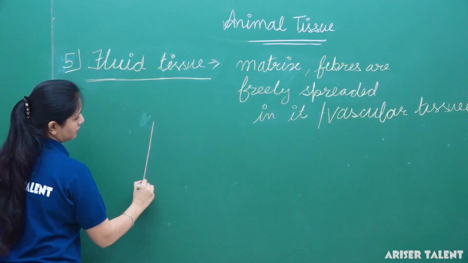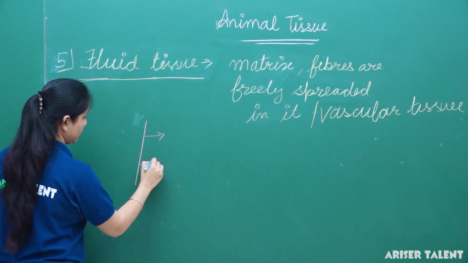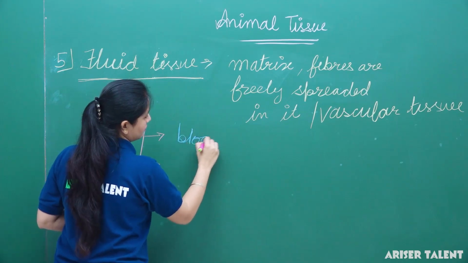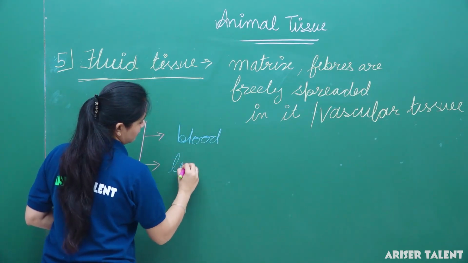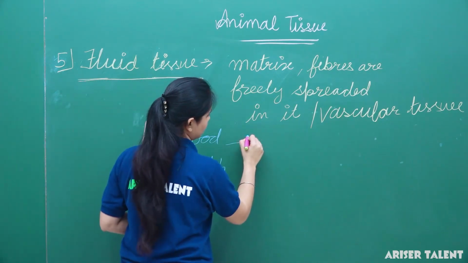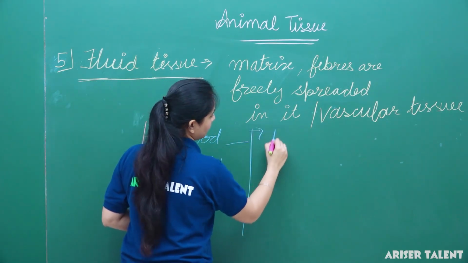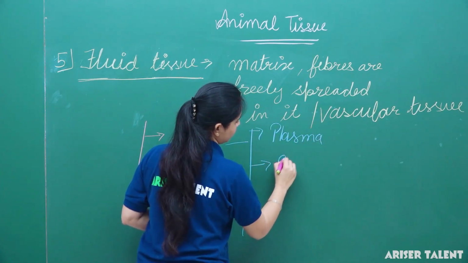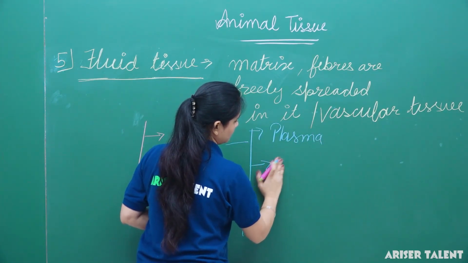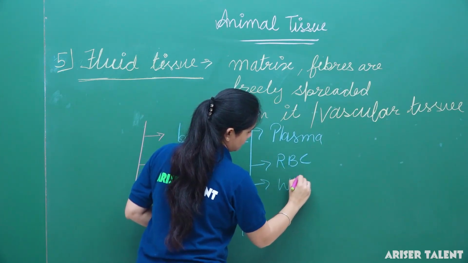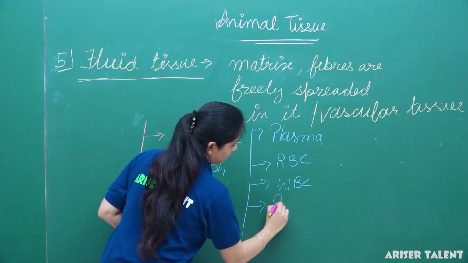Now, these fluid tissues contain blood and lymph. Blood again contains plasma, RBC, WBC and platelets.